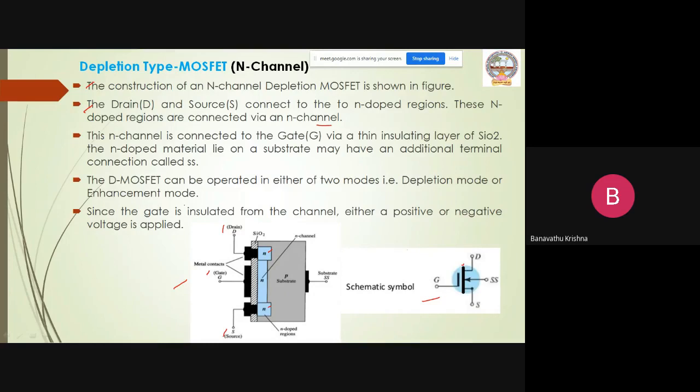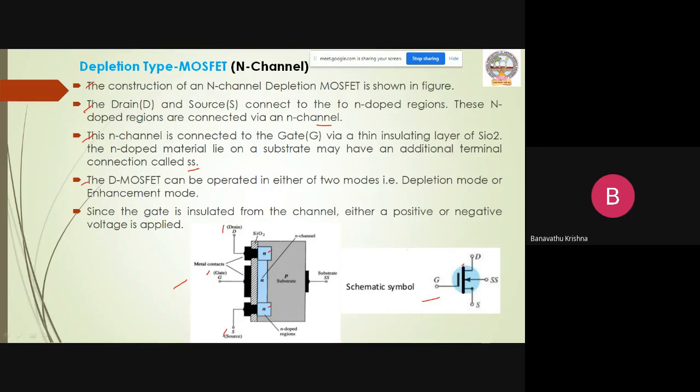Next point. This N channel is connected to the gate via a thin insulating layer of silicon dioxide, and the N-doped material lies on a substrate, which may have an additional terminal connection called SS, the substrate. The depletion mode MOSFET can be operated in either of two modes, depletion mode or enhancement mode.